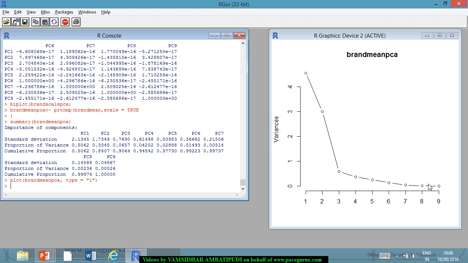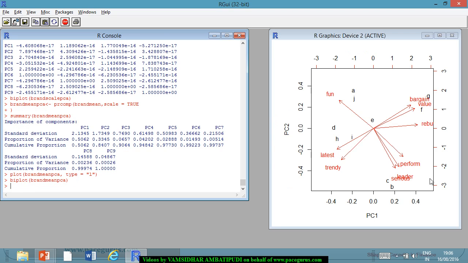And even when I am doing a biplot on the brand mean PCA, I could clearly see that fun is in one direction, bargain and value are in one, latest and trendy are in one direction, rebuy is in one place, perform, serious, leaders.